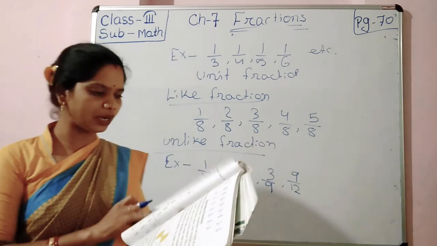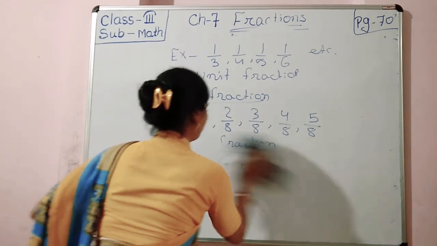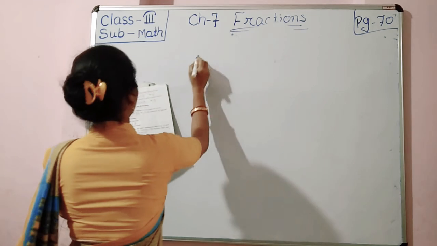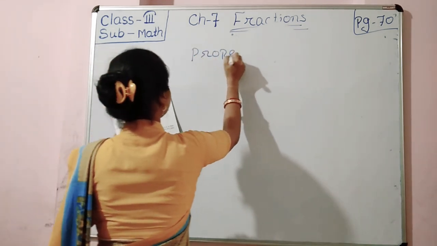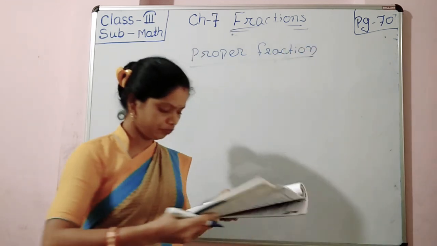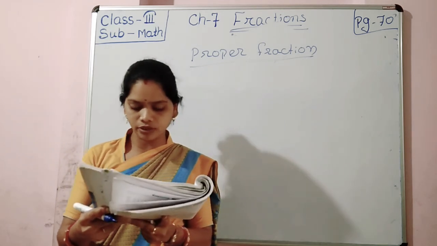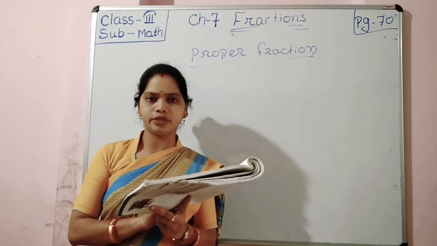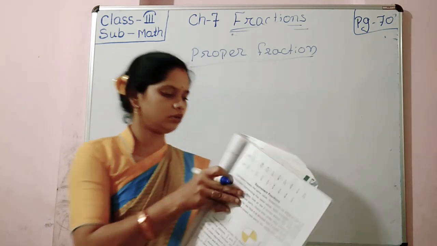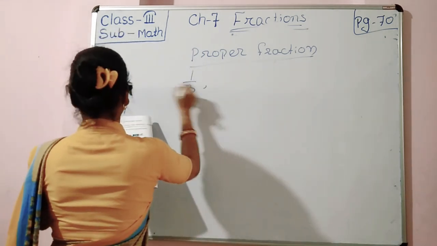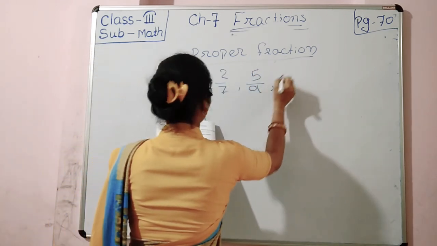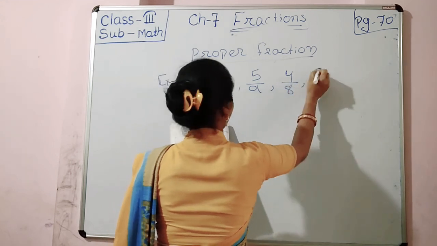Okay, then proper fraction. Look, children, a proper fraction is one in which the numerator is smaller than the denominator. Example: 1 by 3, 2 by 7, 5 by 9, 4 by 8, or 9 by 17.